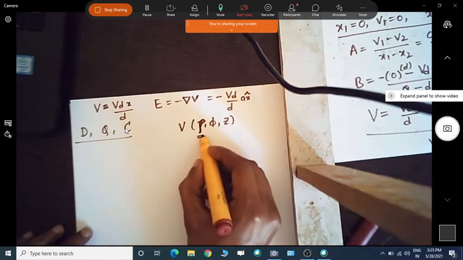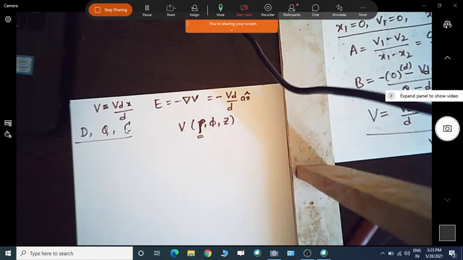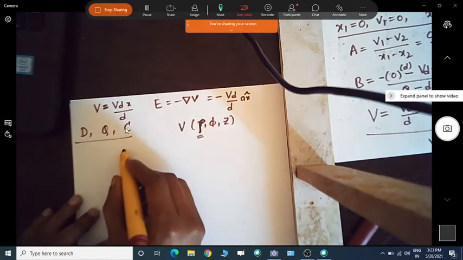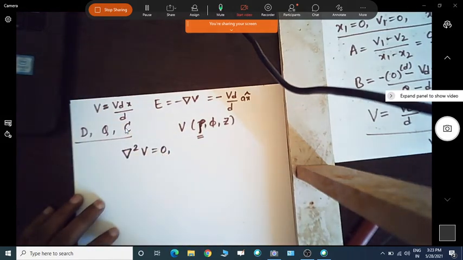Now what happens with respect to rho? If the potential is a function of rho only, then what is the general solution? That is what we are going to see. We know the Laplace equation del square V equals 0.